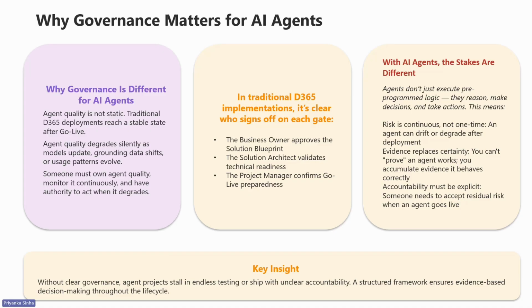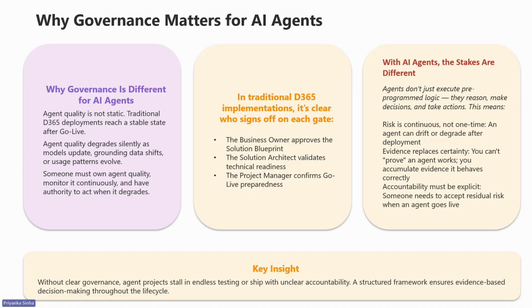This also means accountability must be explicit. In Dynamics, we know exactly who signs off at each gate. Let's say the business owner approves the solution blueprint, the solution architect validates the technical readiness, and there are some other tasks. But with agents, the stakes are different.